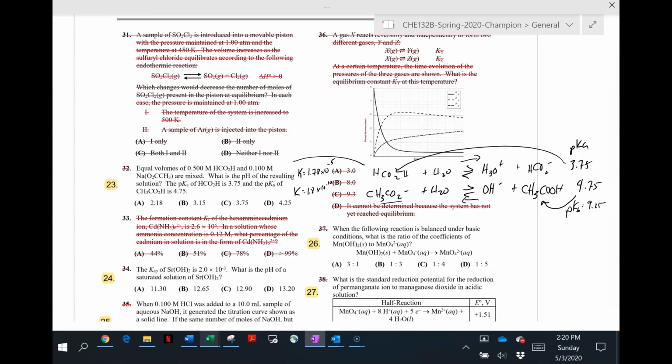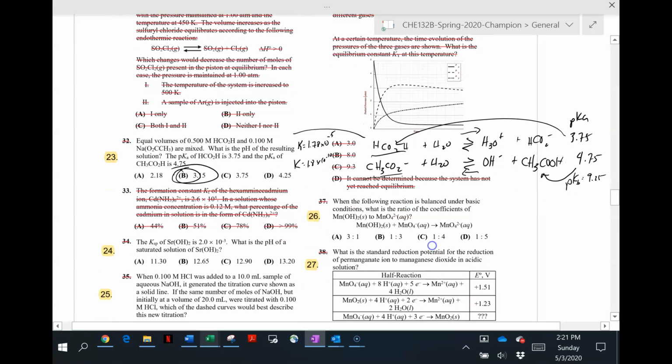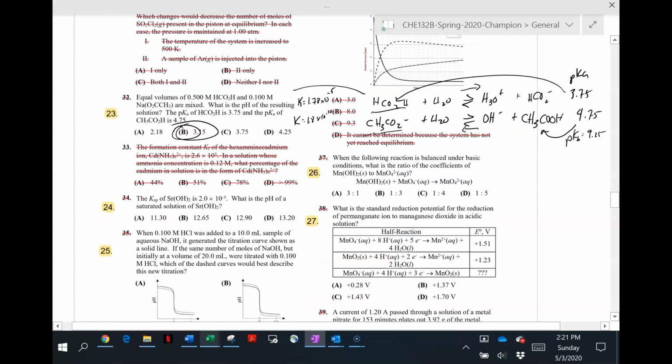So I think that our pH value is going to be affected more by the formic acid, this one, than it is by the sodium acetate, that guy right there. So the answer comes out to be 3.15. That's a bit more complicated than I would throw at you on the final, so don't worry too much about that. All right, let's move on here to 24.